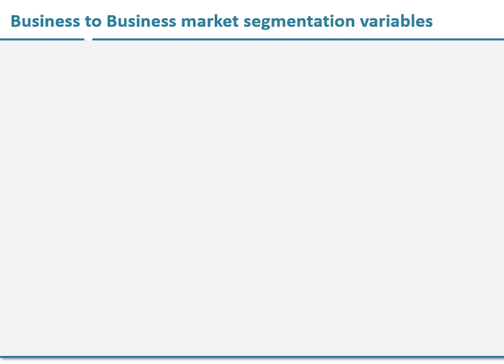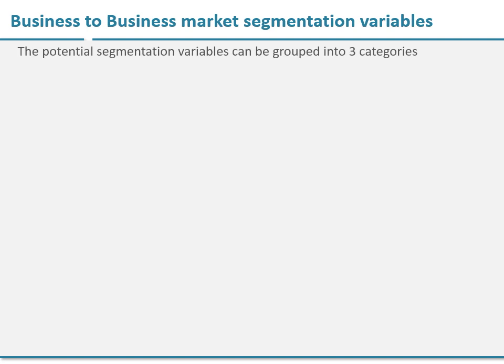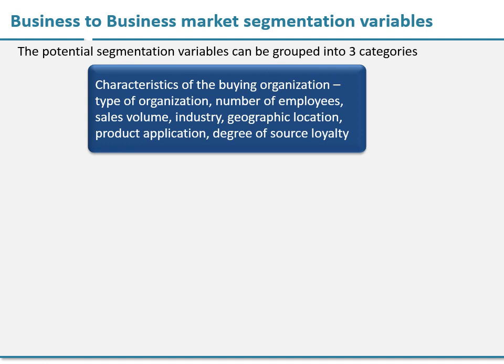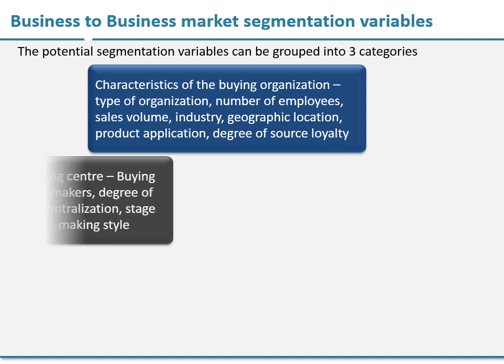Business-to-business market segmentation variables. The potential segmentation variables can be grouped into three categories. Characteristics of the buying organization: type of organization, number of employees, sales volume, industry, geographic location, product application, degree of source loyalty.